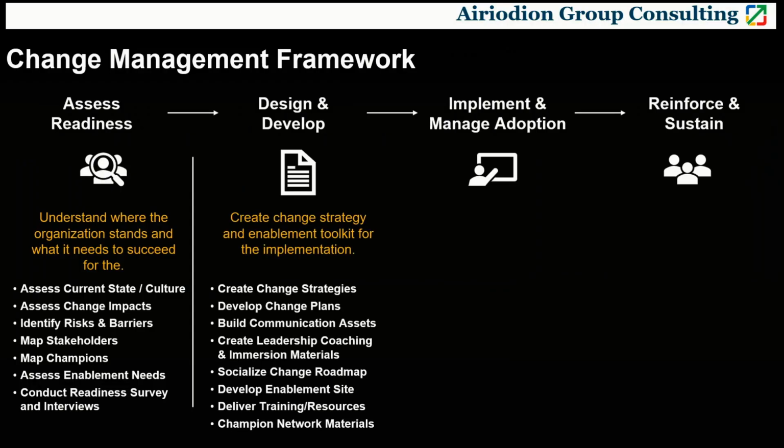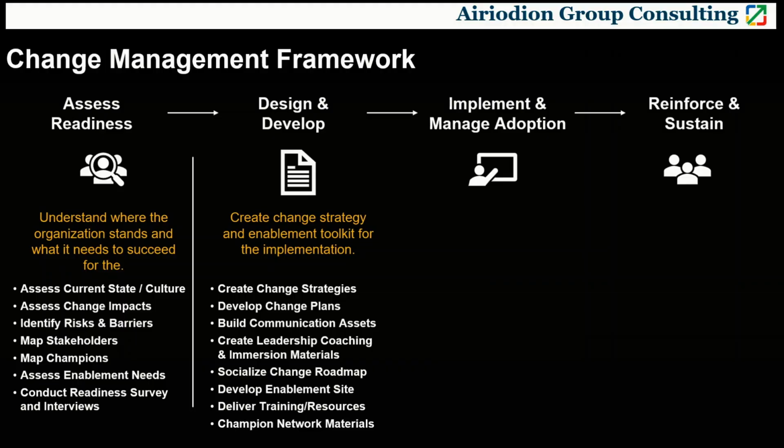I then go into the design and develop phase where I develop the change strategies using that free strategic playbook, which I'm going to give to you at the end of this video. I also develop the detailed plans as well as materials and assets for delivering change management to help increase adoption and also getting people excited.